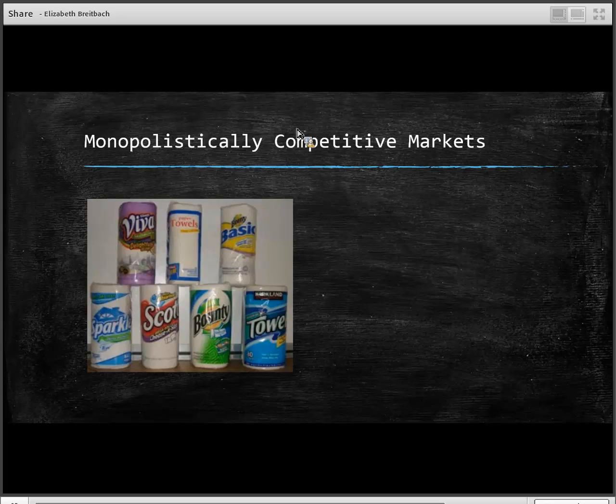And you can know when you see those advertisements, they're trying to differentiate themselves and say that this is a better product. You should be willing to pay more for my product because it's a better product. Automatically, when you hear advertisements like that, you should think monopolistically competitive. They're trying to differentiate themselves from their competitors.